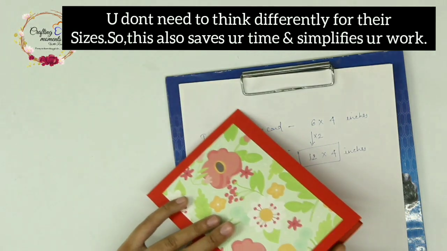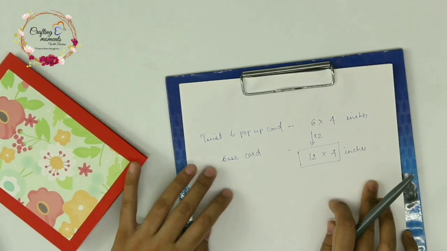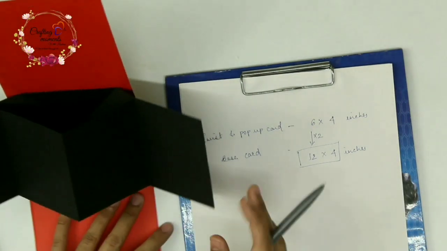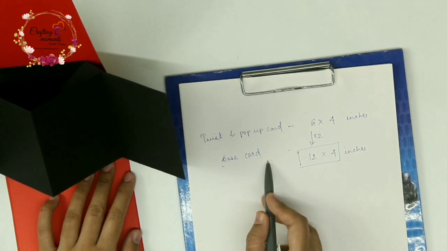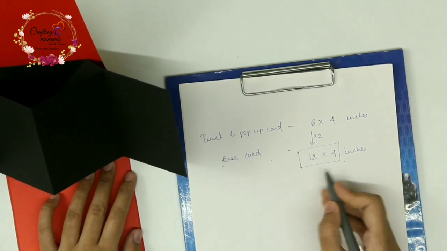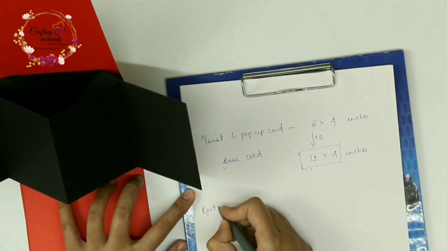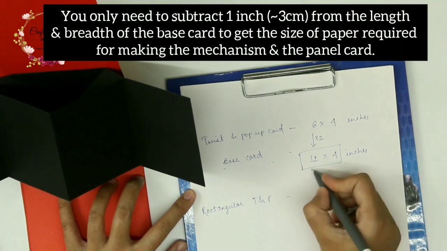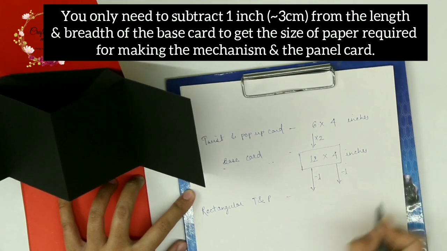The next point is that here you need to follow the rule of subtraction. Now what is the rule of subtraction? For these two inside parts, the dimensions depend on the size of the base card only. Here we have got the size of the base card. If we are making a rectangular twist and pop-up card, we just need to subtract one from the length and one from the width, and that's it.